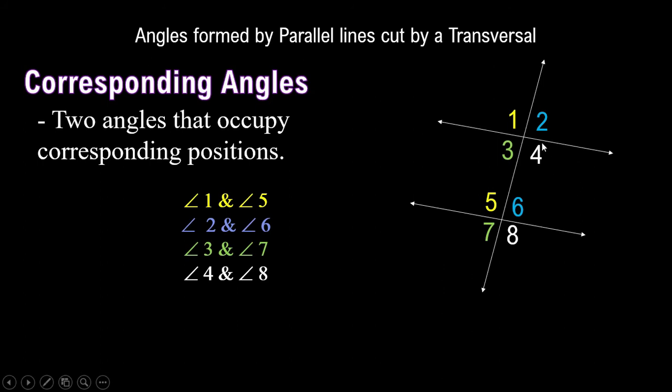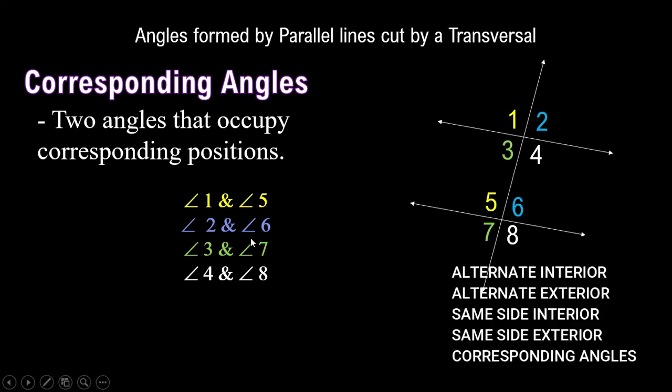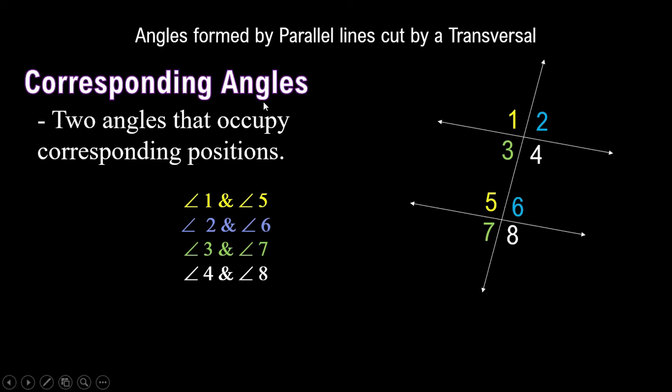We have this angle on the other side, same as angle 3 but on the other side, and angle 8 is the same in position. So we have only 5: alternate interior, alternate exterior, same side interior, same side exterior, and the last one is corresponding angles.